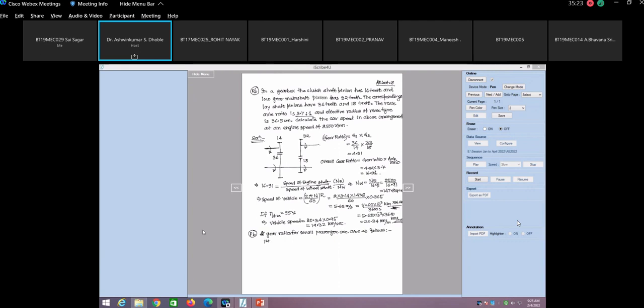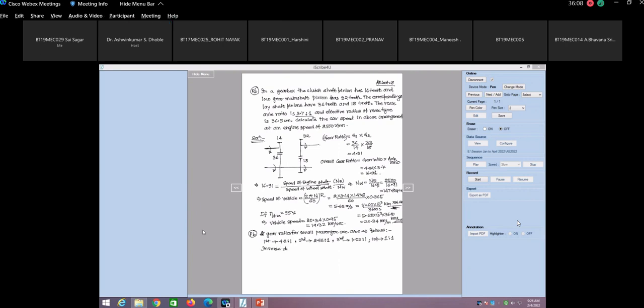So first gear is 4.2:1. Second gear is 2.56:1. Third gear is 1.52:1, and top gear, which is nothing but the fourth gear, is 1:1.